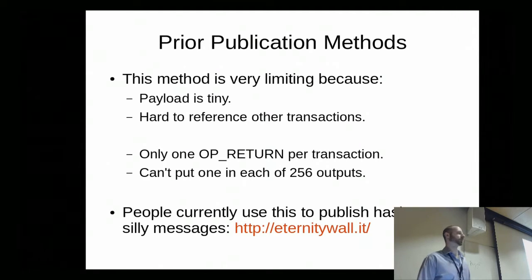If you wanted to reference another transaction to continue publishing blocks, with just 80 bytes, the transaction IDs I think are 32 bytes. So you'd have to reference that in the header, and then you've only got 48 bytes remaining for a payload, and it's just extremely inefficient. If you want to publish anything large, it's extremely inefficient.